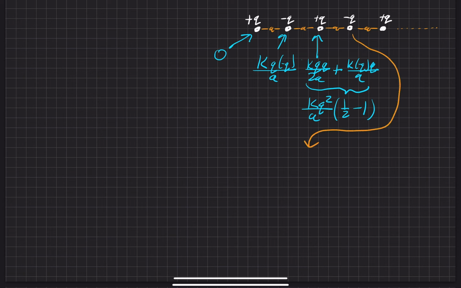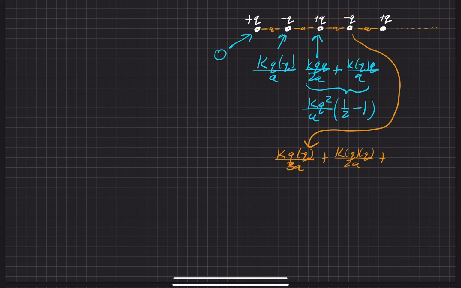So for this subsystem that's 3a away, it is equal to k times the product of the two charges, positive q times negative q, a distance of 3a away, plus the next subsystem, which is these two, the one that's 2a away. So this one's negative q times negative q, a distance of 2a away. And then finally the last subsystem, which is just 1a away and two opposite charges.